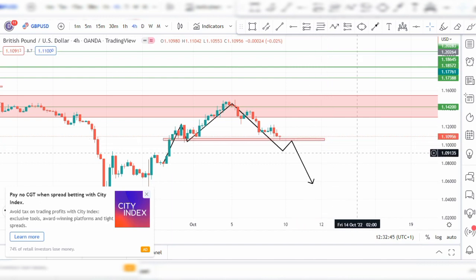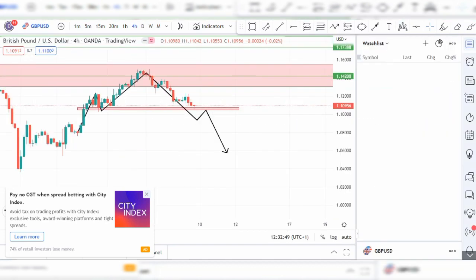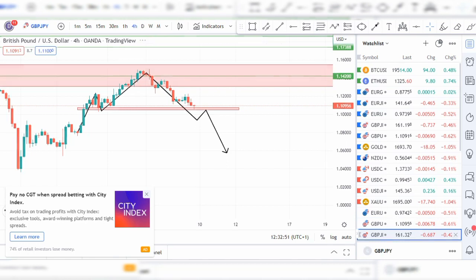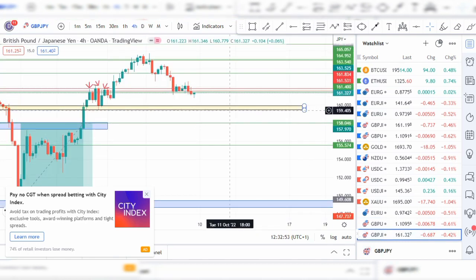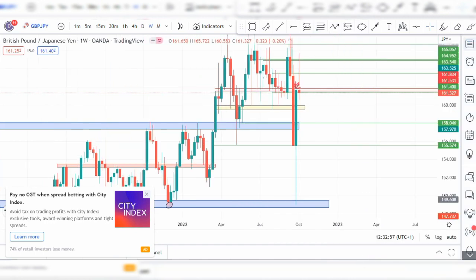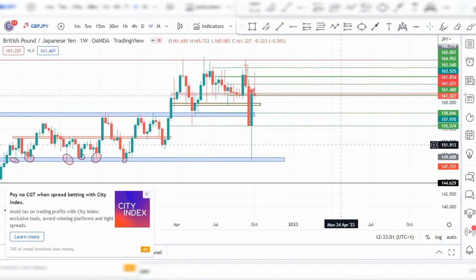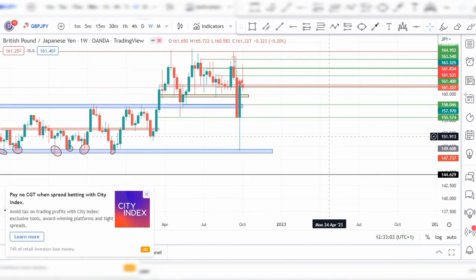All right. So finally, let's look at GBPJPY. So GBPJPY again, we're going to look at the weekly time frame and then see what the market is showing us.